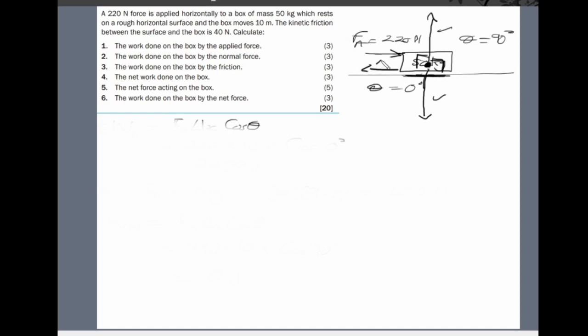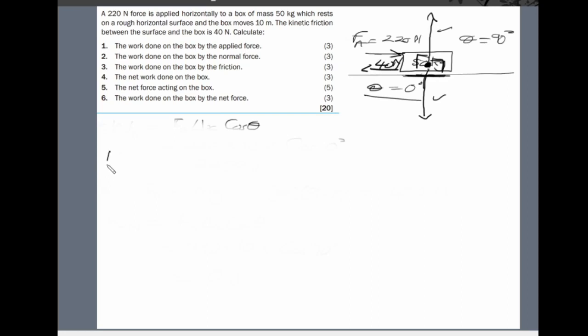So there's a frictional force of 40 newtons acting in the opposite direction to the motion of the object. Okay, so we know the magnitude of the frictional force, which means we can calculate the work done by the frictional force. Also note the angle between the frictional force and the displacement of the object is 0. Therefore our theta will be 0 degrees.